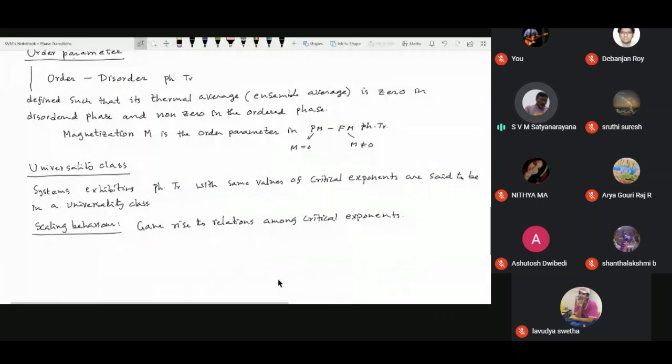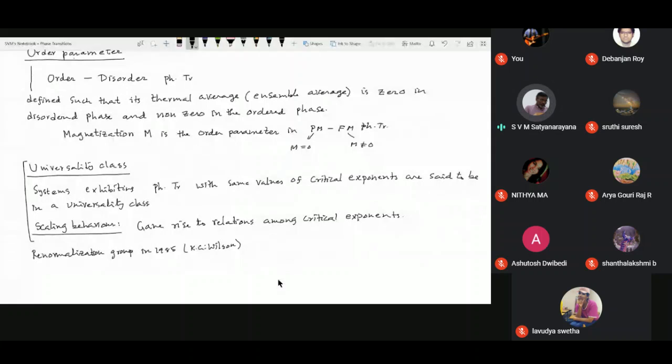Now, both the scaling behavior and universality class were completely understood only when people developed what is called the renormalization group, in 1985 by K.G. Wilson. He was able to explain that since there are correlations which are diverging, the entire system is like one single entity.